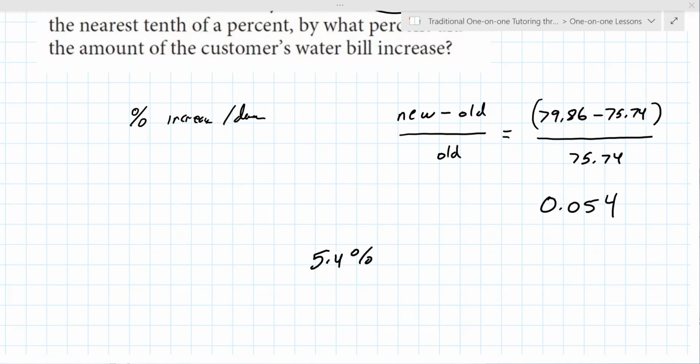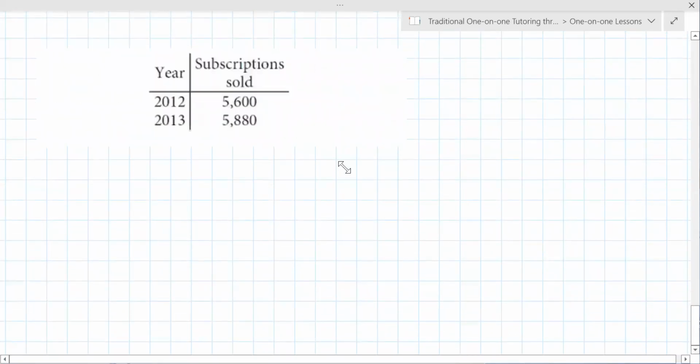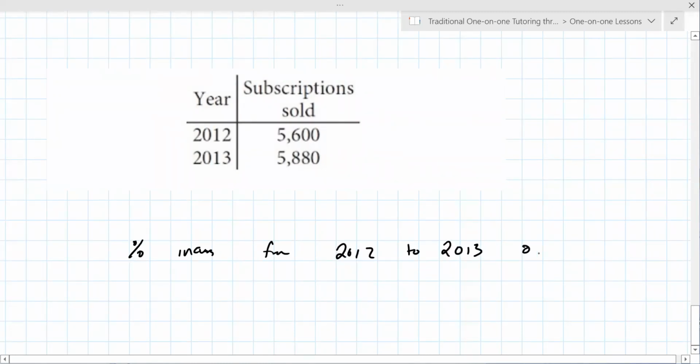Let's go here. Sorry, I'm looking for another problem like this one. I don't know why I'm not able to find one. Okay, so I'm going to give you a data set here. I want you to find the percentage increase from 2012 to 2013 of subscriptions.